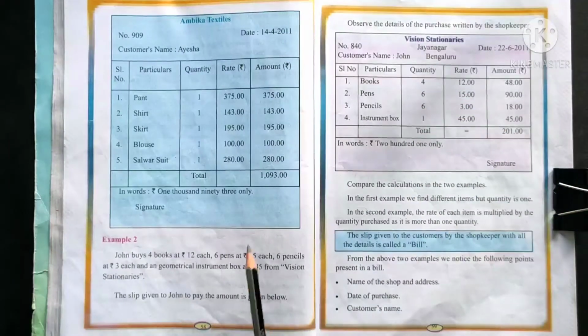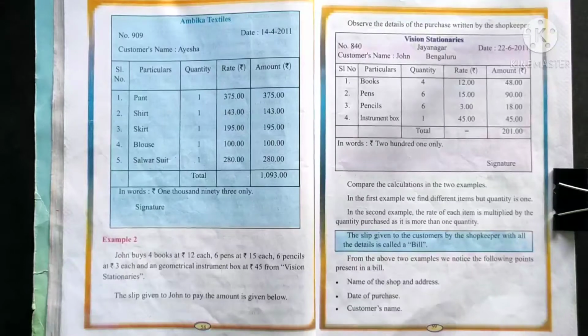Now what is the importance of this bill? So this bill serves as an evidence of purchase. The customer can exchange the product or claim for refund by showing the bill. Hence, the customer should demand for the bill and take it from the shopkeeper. So this is the importance of the bill.